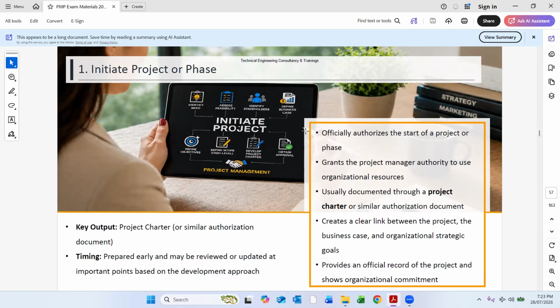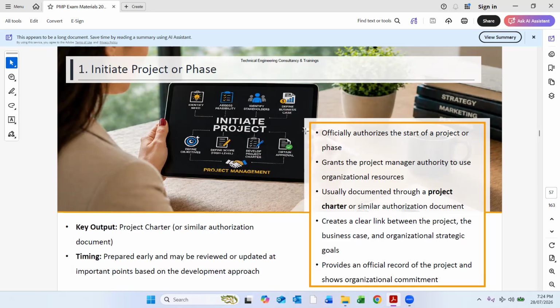This project initiation defines that the project is started. The kickoff meeting defines that the project is started, right? In that particular meeting, it grants the project manager the authority to use organization resources, and is usually documented through a project charter. So all these are documented in a project charter or similar authorization document, and we can say the kickoff meeting as well, which creates a clear link between the project, the business case, and organization strategic goals.